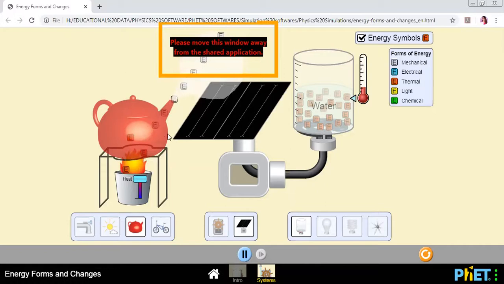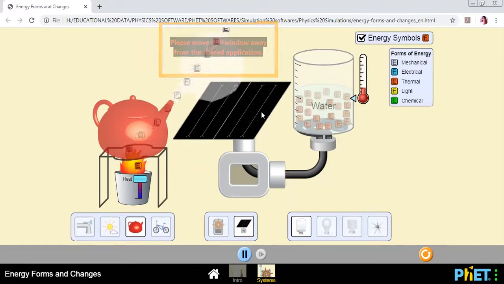Now look at this conversion here. We have heat energy getting converted into mechanical energy. But the problem is, if this mechanical energy is placed on or near the solar cells, it will not get converted into electrical energy. So we have to go back to the traditional system where we rotate the turbines.